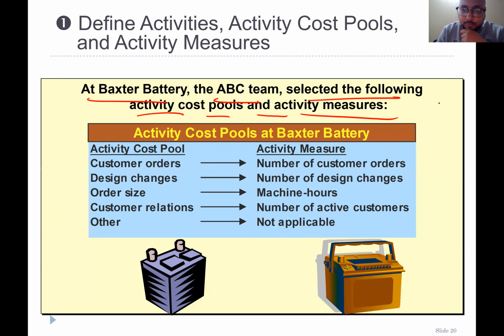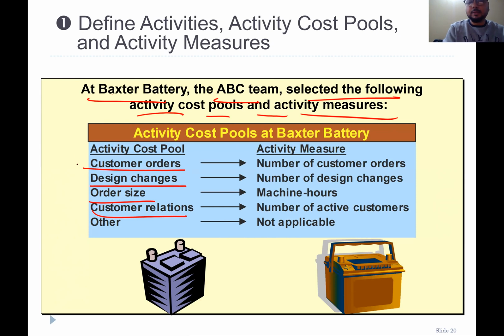The activity cost pools: customer orders, design changes, order size, customer relation, right? It doesn't have to be unit, product, batch, customer, or organization sustainability. You can develop them according to the business.